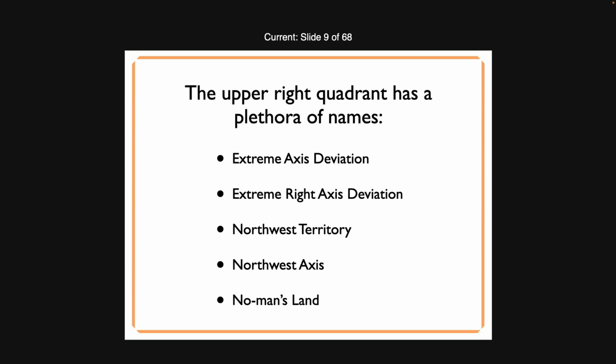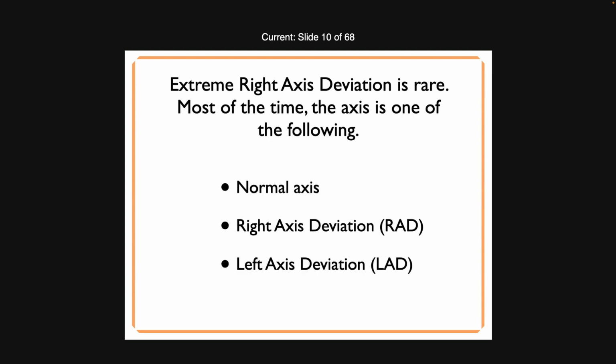Probably the most common is extreme axis deviation. I tend to use extreme right axis deviation because when people are first learning, the more descriptive the better. Northwest territory and northwest axis are used a lot, and occasionally you'll see no man's land. For something so rare, I think it's quite ironic that it has all those names.